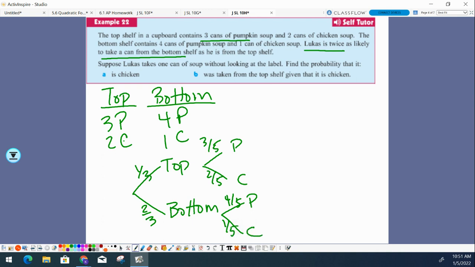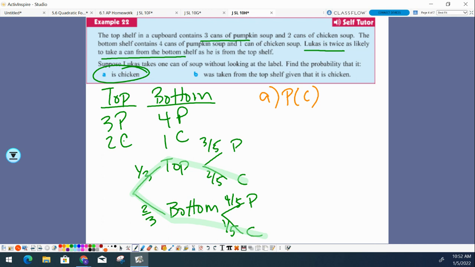All right, so first we're just looking at what's the probability that it is chicken. The tree diagram just gets us all set up. If we just want to find probability of chicken, I can either do the top and get chicken, or I can do the bottom and get chicken.